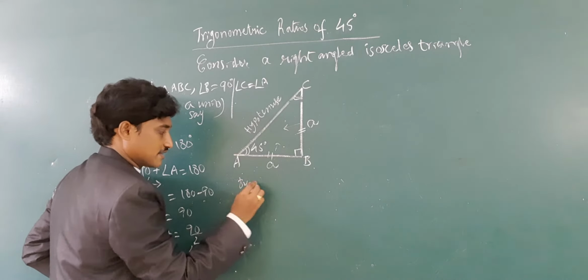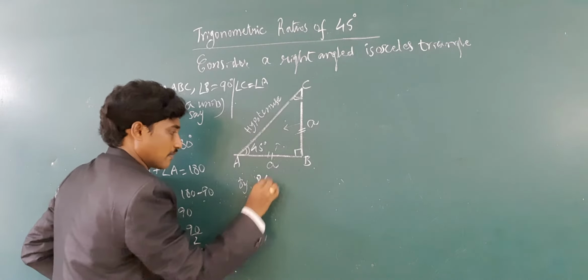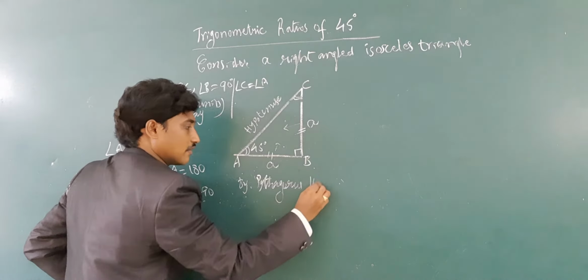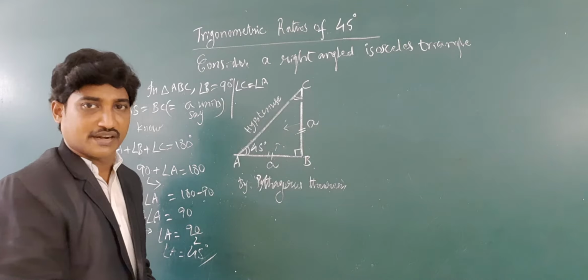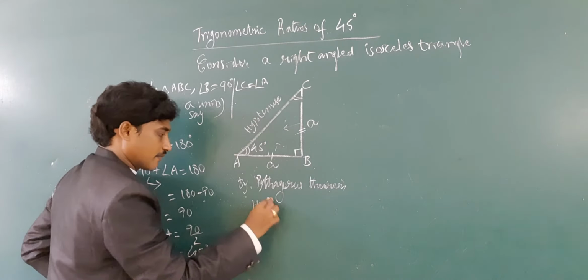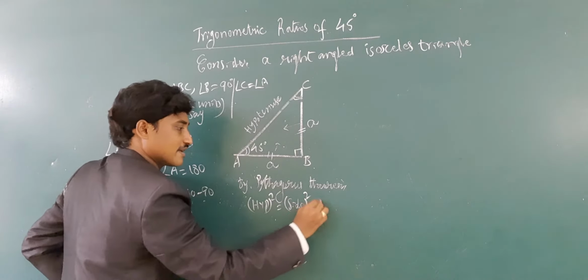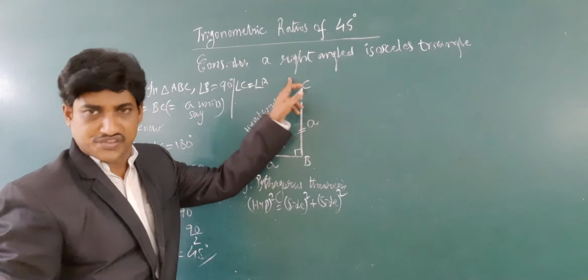Pythagoras theorem states that in a right angle triangle, hypotenuse square is equal to side square plus side square. Here hypotenuse is AC.